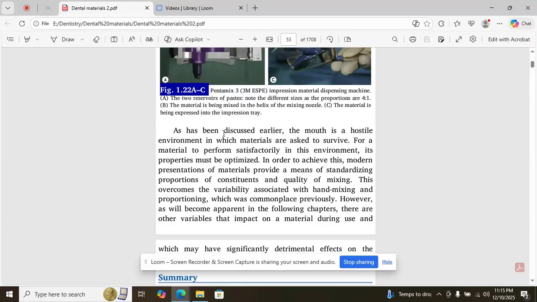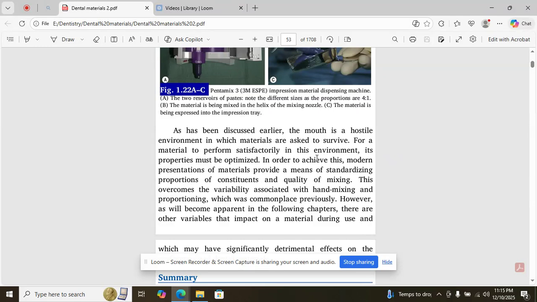As has been discussed earlier, the mouth is a hostile environment in which materials are asked to survive. For a material to perform satisfactorily in this environment, its properties must be optimized. In order to achieve this, modern presentations of materials provide a means of standardizing proportions of constituents and quality of mixing.